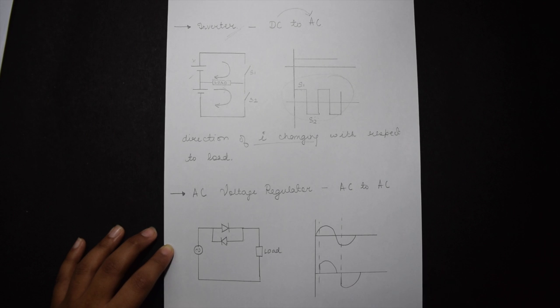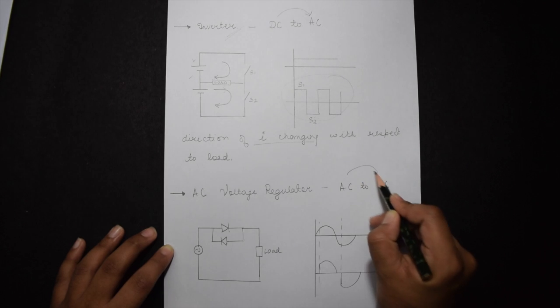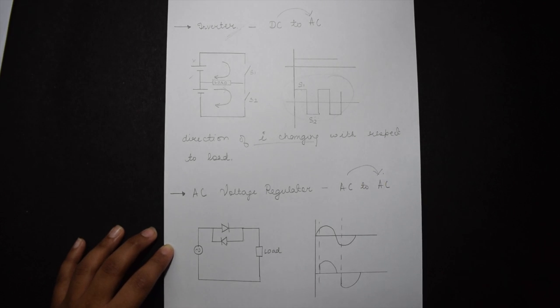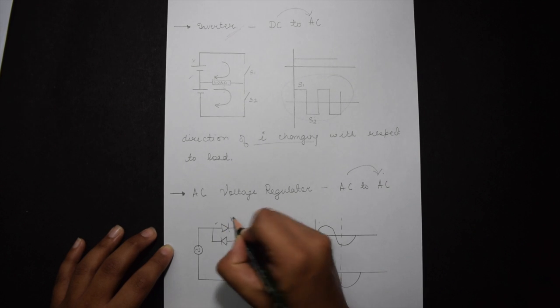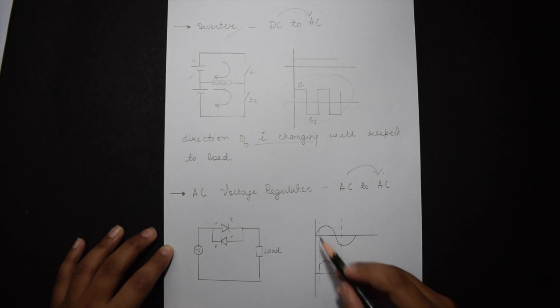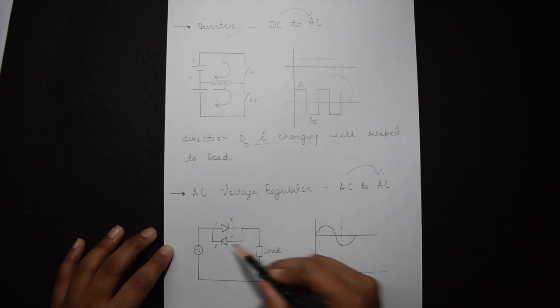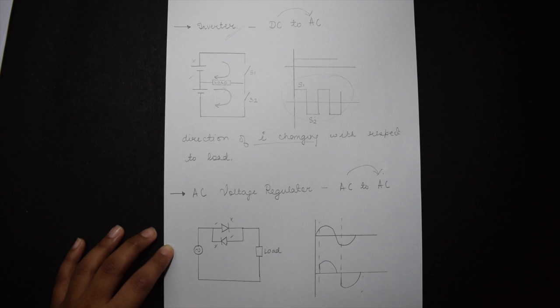For the AC voltage regulator, that is for converting from AC to AC, we see that we are giving a current over here and this is conducting and we get an output. And for the next cycle, this is conducting and we again have an output. But we see in a practical example that once we are giving this, by changing the frequency from minimum to maximum, either the phases of the AC output are changed.